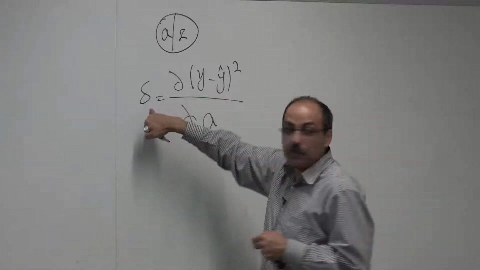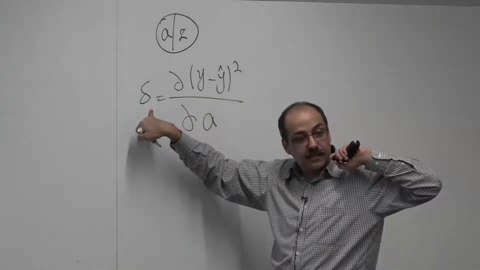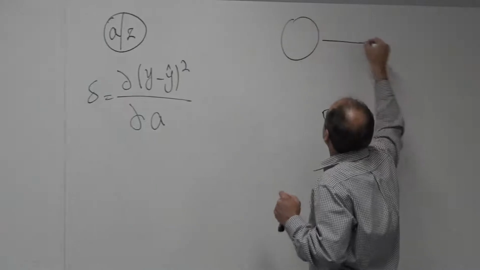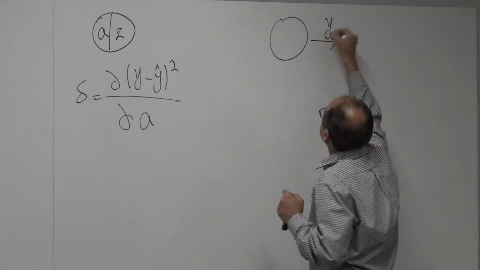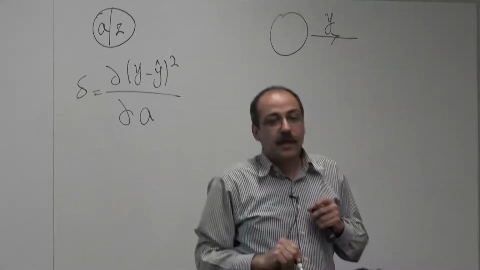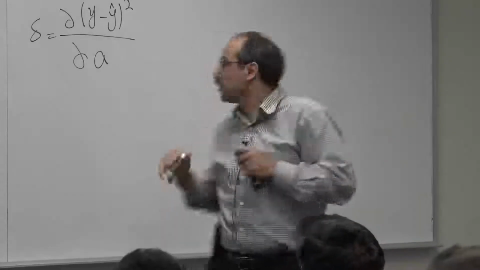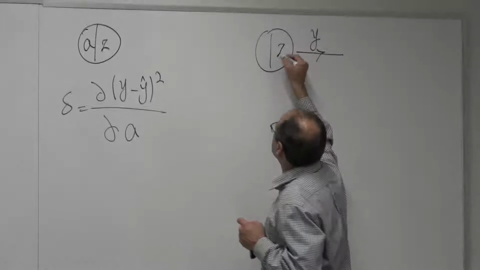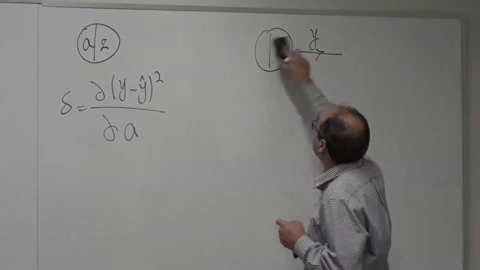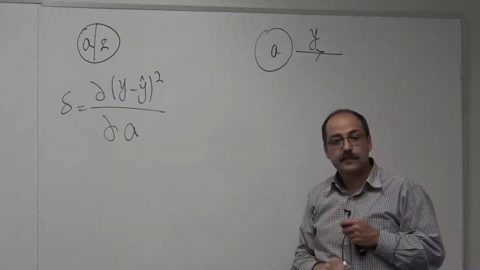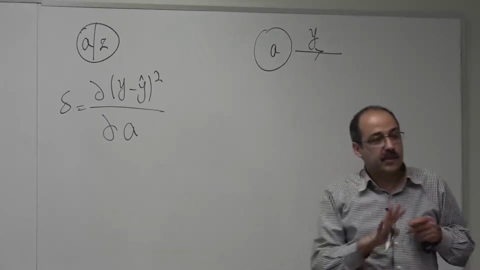Now I'm going to compute delta for the last layer. In the last layer, the output is y. Without loss of generality, I'm going to assume that the last layer doesn't have z. It's just a. Why do I say without loss of generality?